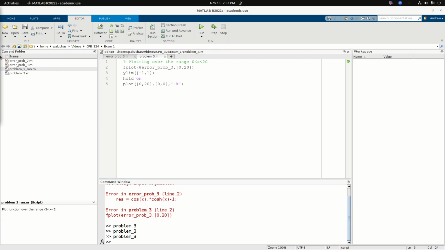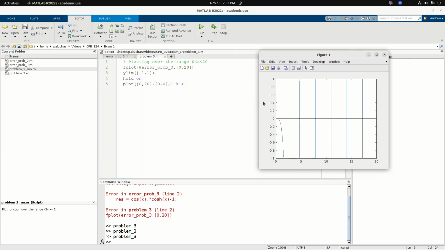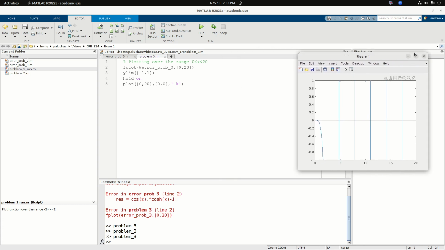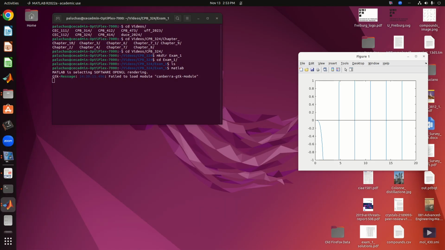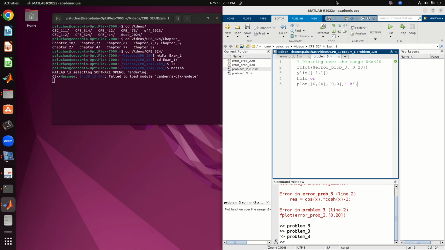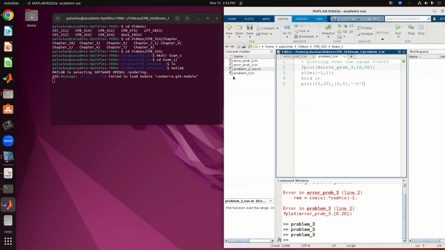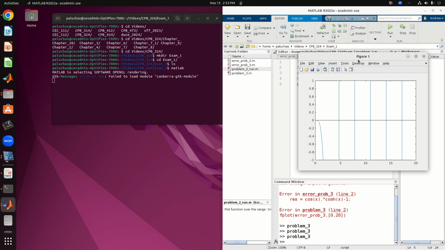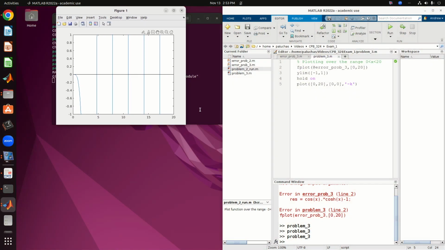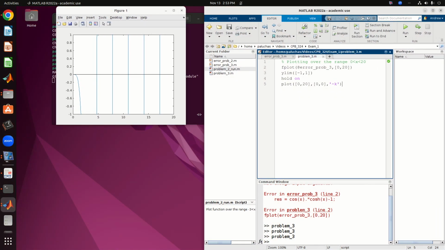Now when I run, I have my horizontal line, and it looks like I have a root here, here, here, here, and here. Cool. Shoot, that didn't quite behave like I want it to. I want to try and make it so I can see my plot at the same time, to make it a little easier on me here.